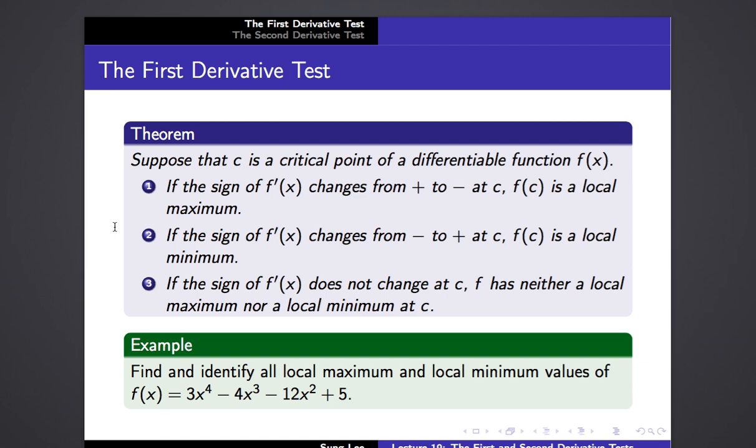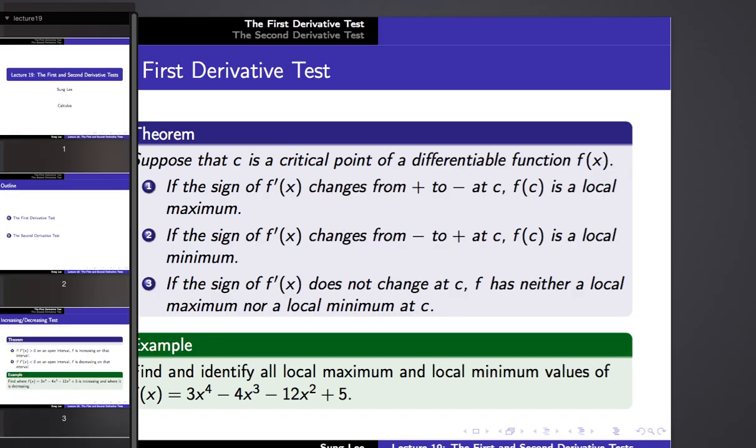Why is that? The sign of f prime of x changes from positive to negative means that f of x, according to our previous theorem, which is called what? The increasing/decreasing test, right? The graph of f changes from increasing to decreasing.